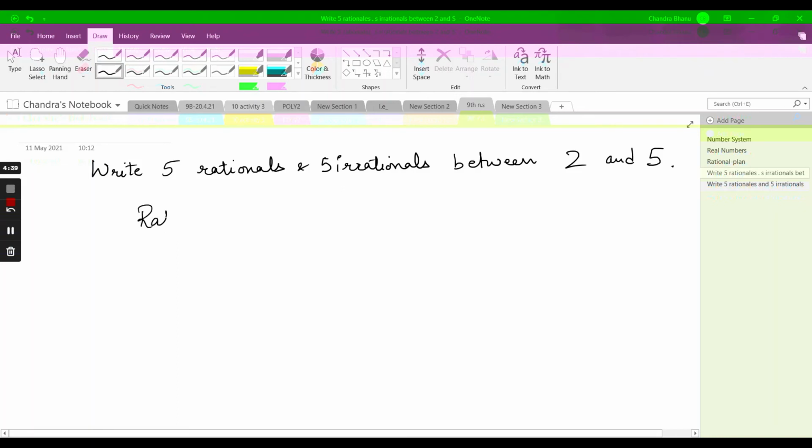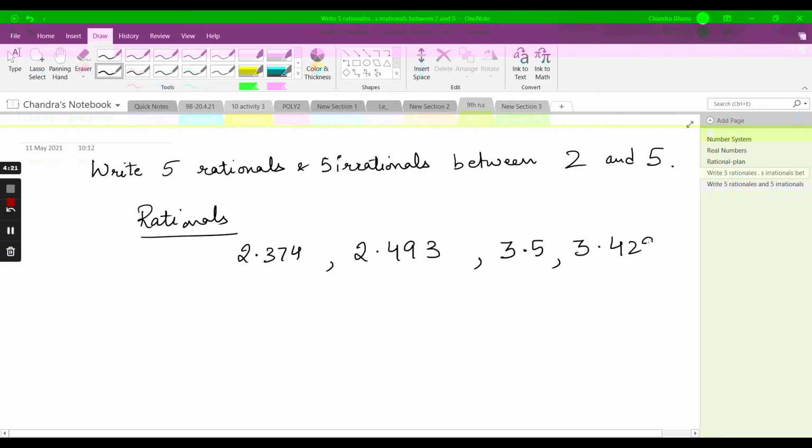So my rationals will be any numbers between 2 and 5, like 2.374, 2.493, 3.5, 3.429, 4.63, 4.9. I've written more than 5.